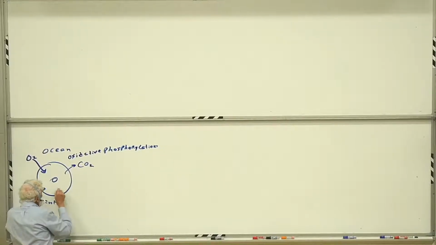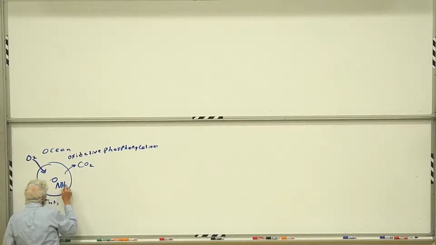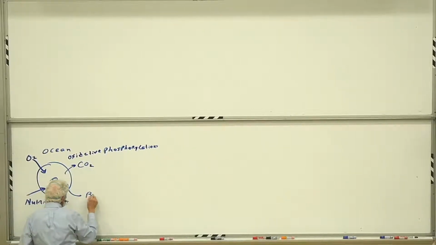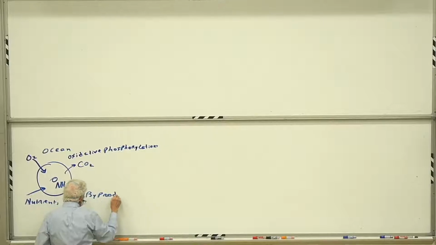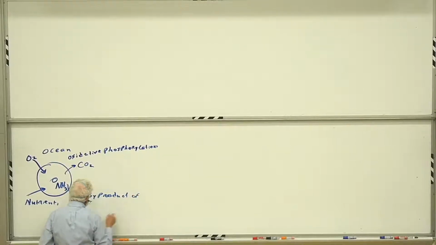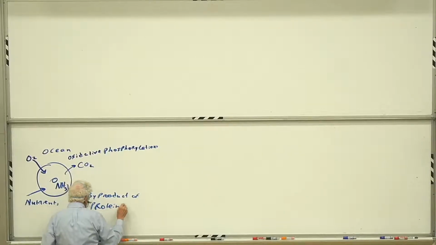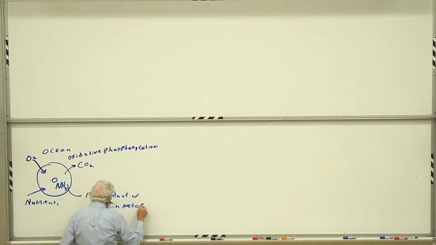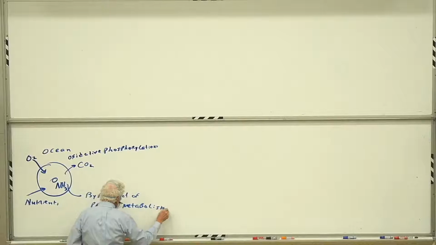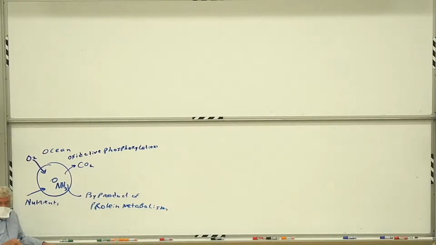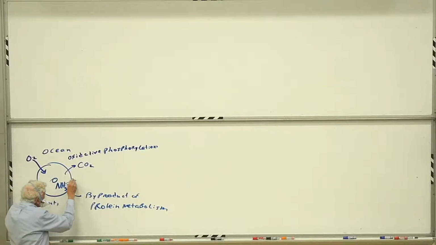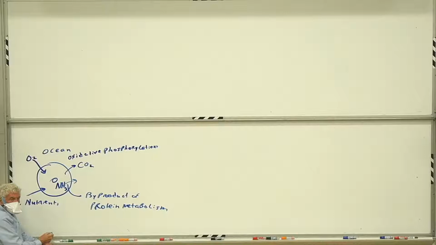Similarly, there's another byproduct, which is ammonia. Ammonia is a byproduct of protein metabolism. Ammonia is pretty toxic, so cells don't tolerate much of it. But if you're a single-celled organism, it's not really a problem because the ammonia can simply diffuse right out.